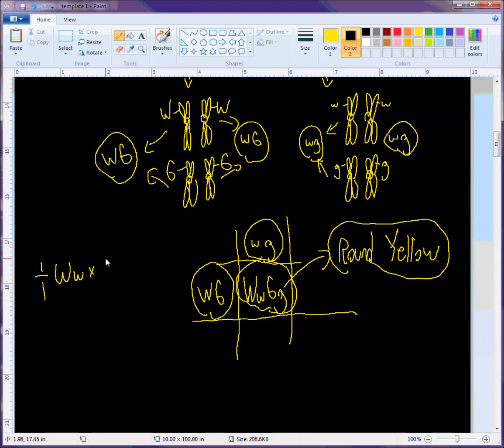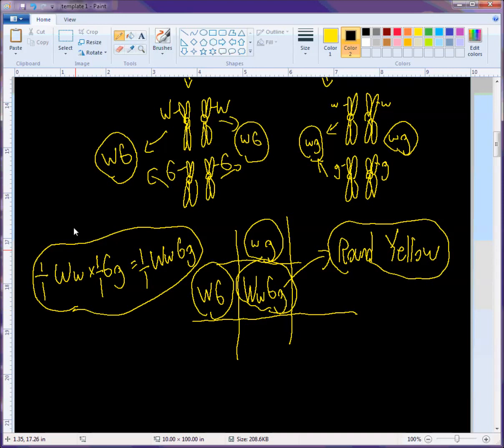And all the progeny are going to inherit a big G and a little g, so that's also 1 out of 1. So if you multiply those across, you pretty much have 100% of the plants big W, little w, big G, little g. Okay, 100% are round and yellow. So we don't usually use the forked line method for the F1 generation, but if we did, that's how I would do it, right there.